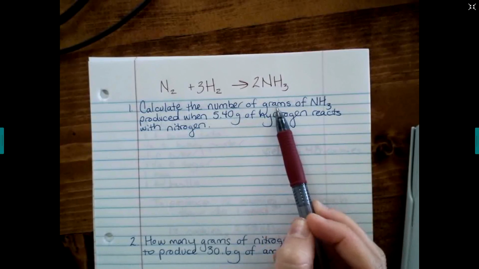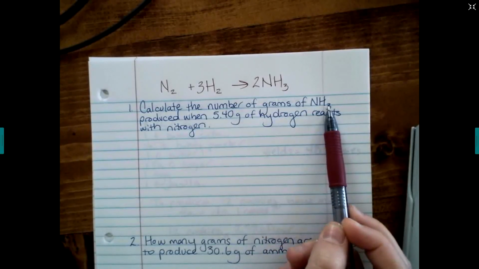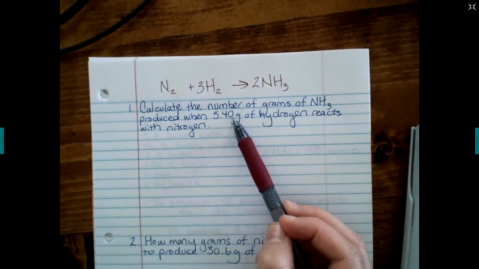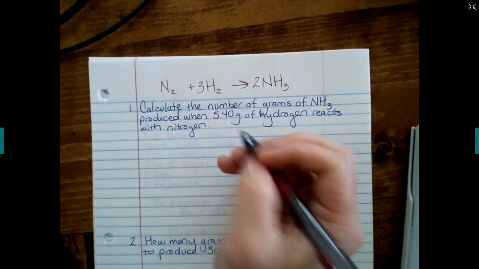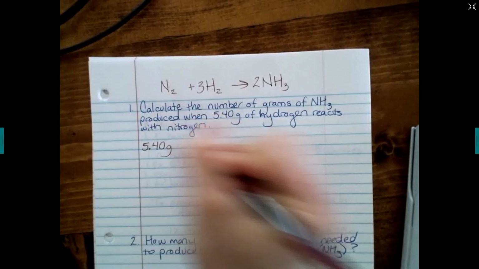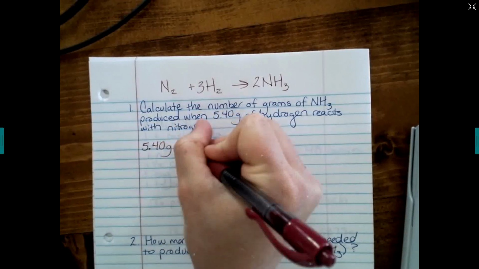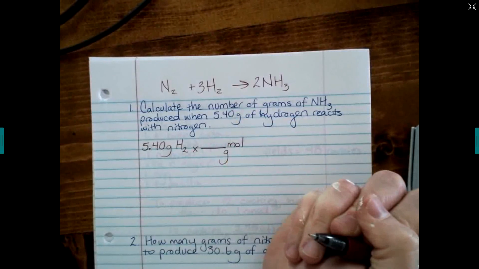Now, something you need to understand is that we cannot convert one formula to another formula if they are in grams. The only way we can go from one formula to another formula is if we first convert these numbers into moles. So that's what I'm going to do to begin with. I'm starting with what I know. I have 5.4 grams of hydrogen, and I want to convert that into moles.